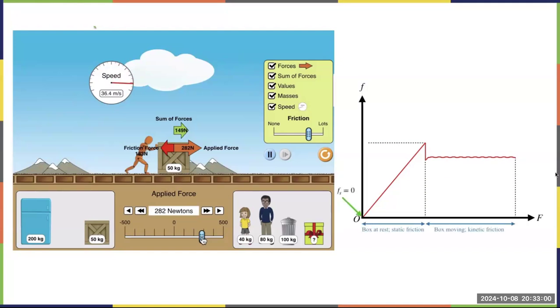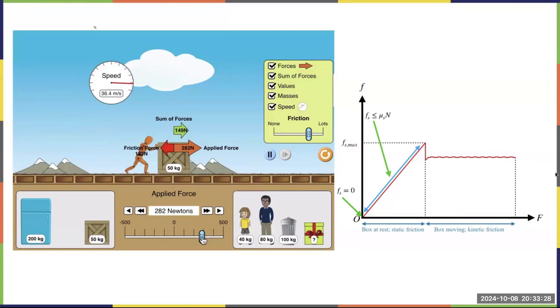So that means to make an object move, we need to apply a force equal to Fs max. Unless we apply this force, the object will not move. And in this region here, that's why the static friction force is not a set value. It depends on the applied force. It's a response force. If the object is not moving, my friction force will be exactly equal to the applied force.